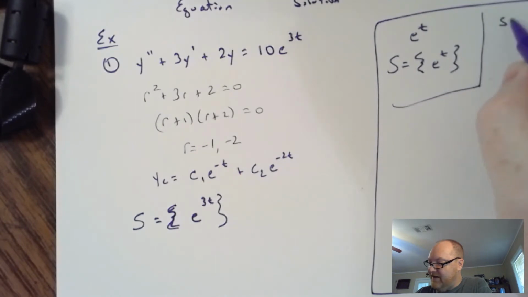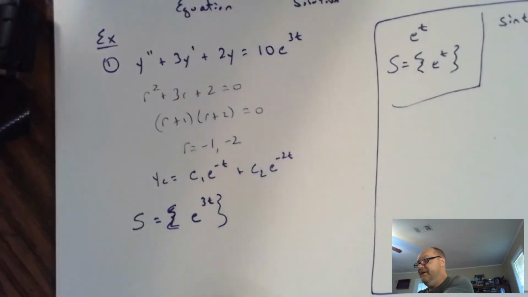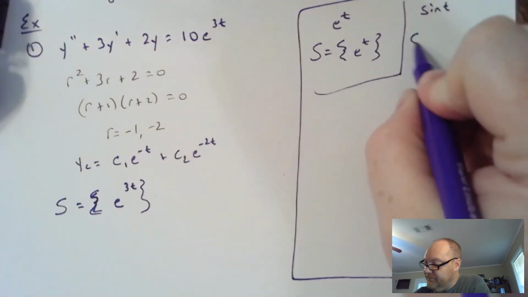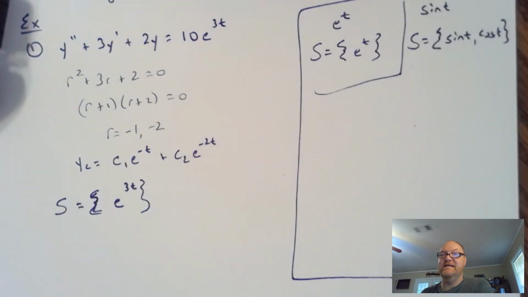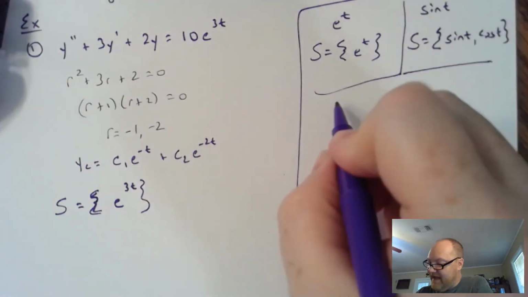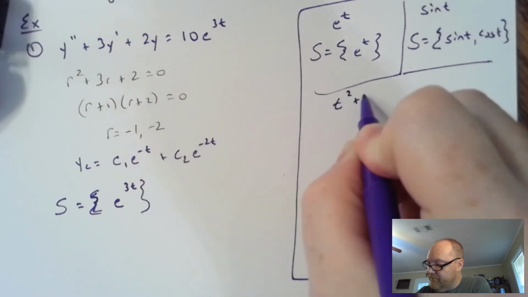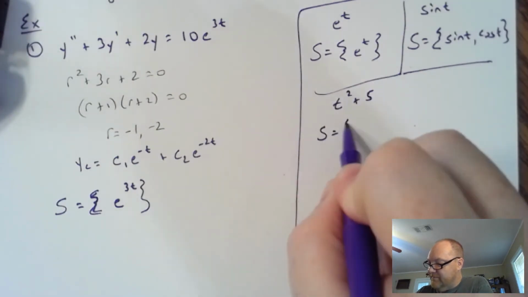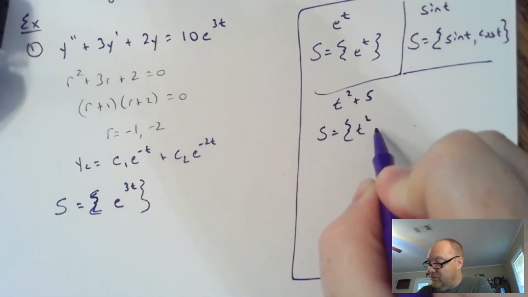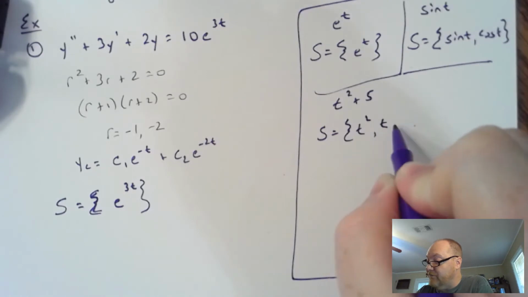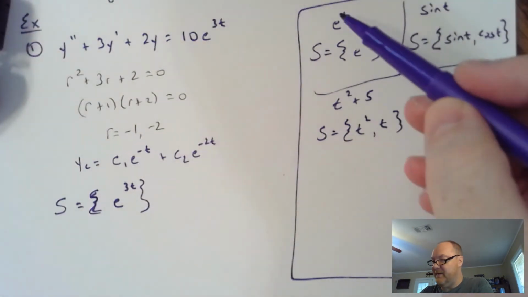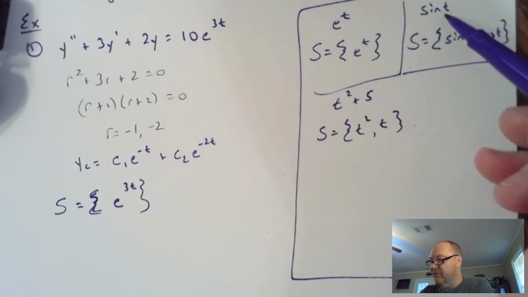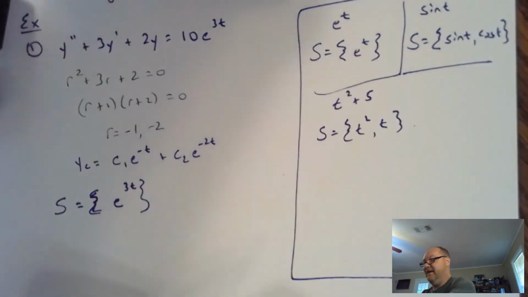If I have a sine or a cosine, and it can be the sine of 2t or something of that nature, then my set has sines and cosines, or sines of 3t's and cosines of 3t's in them. If I have some polynomial, then my set is going to have perhaps a t squared. Maybe the original solution might also have had a t in it. We just don't know. Again, these are common cases, and they can be expanded upon. If I've got a 3t or 4t or whatever going on with those as well, we account for them. We can allow for that, okay?